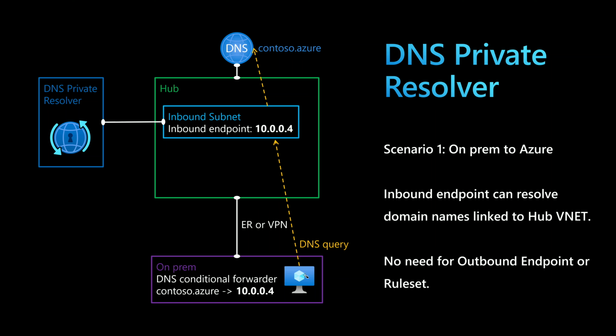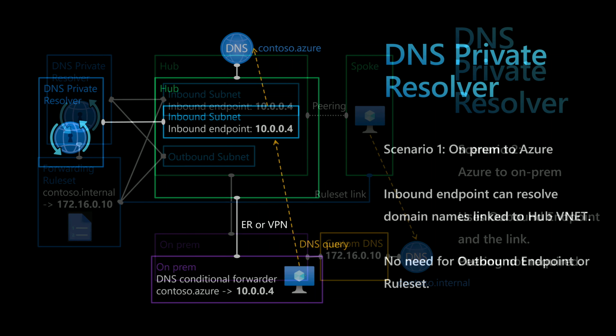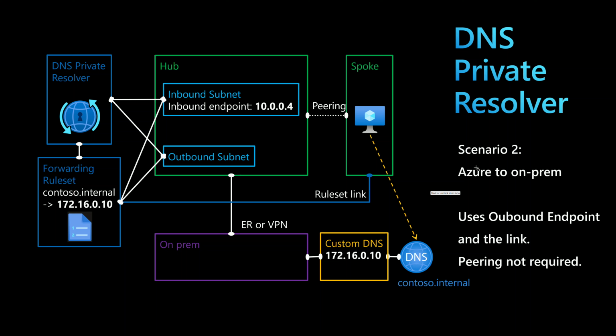However, in the second scenario, if you want to do the domain name resolution from Azure to on-prem, then you will need the outbound subnet. Here we would have a virtual machine deployed into a spoke network or within the hub also. And it wants to be able to resolve a domain name that is hosted on-prem, something like contoso.internal, for example.